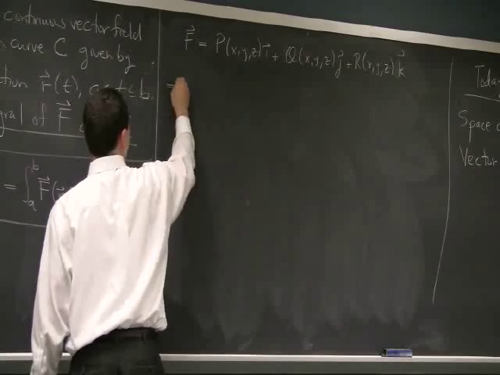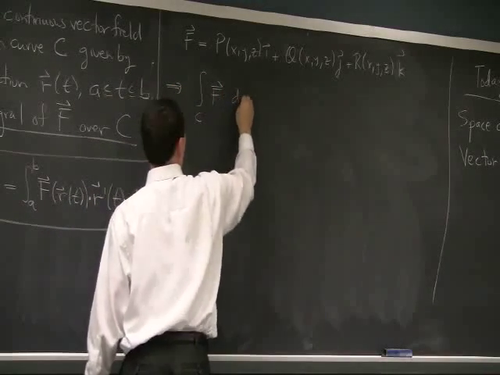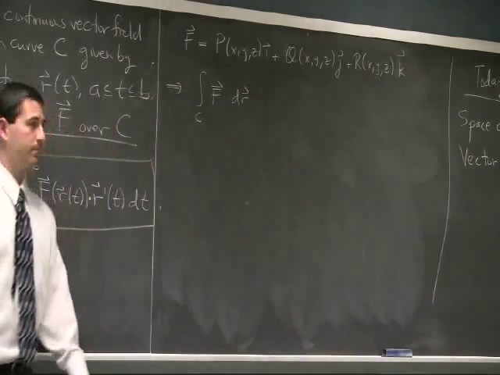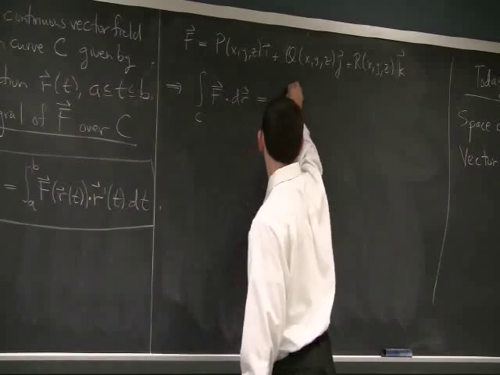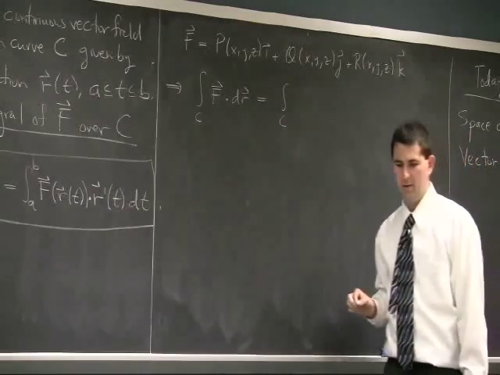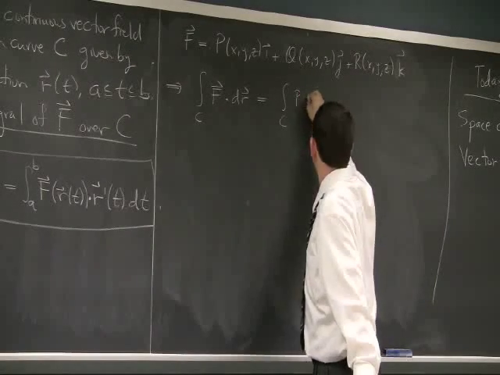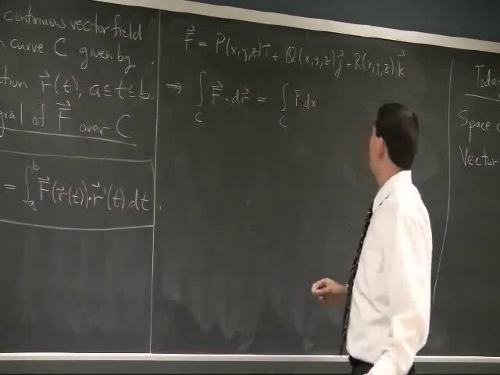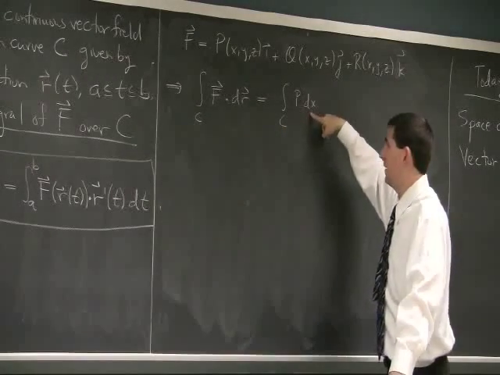Then if you integrate the vector field over a smooth curve C, this is the same thing as actually doing, well, it's really three integrals put together. Taking the integral of P over C with respect to x.